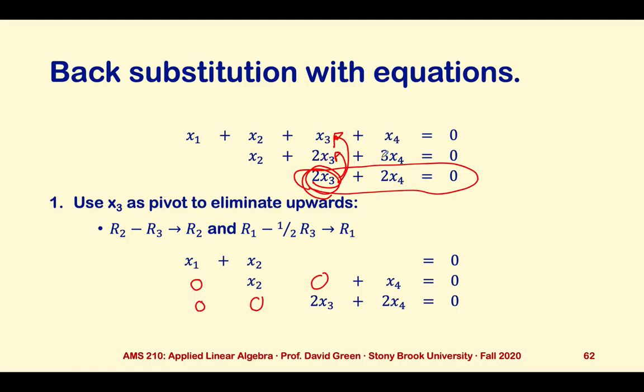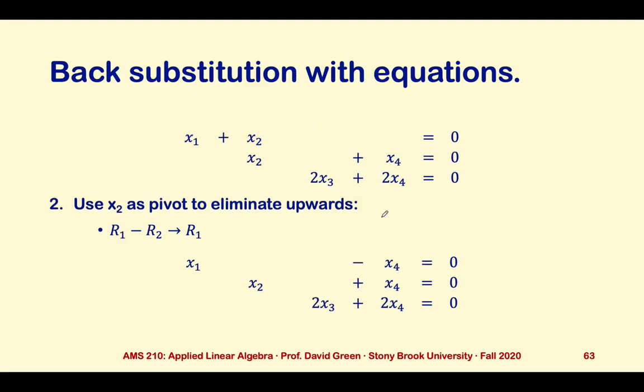And 3x4 minus 2x4 gives us x4. 0 minus 0 gives us 0. For the first equation, we're going to subtract half of R3. x3 minus half of 2x3 is, of course, 0. x4 minus half of 2x4 is also 0. And so that's the system we're left with.